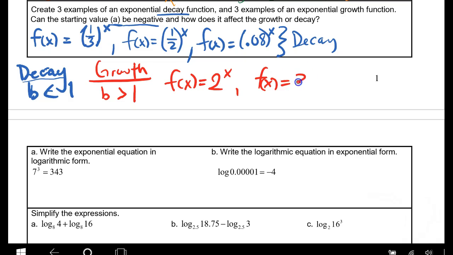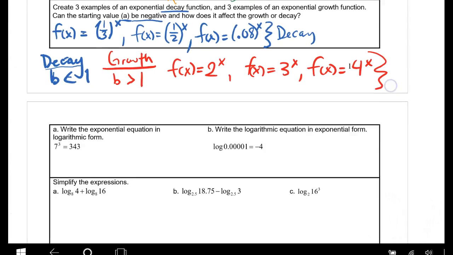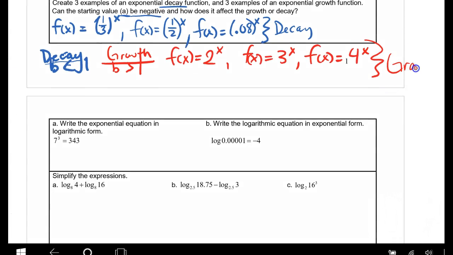Another growth would be 3 to the x. And because we like order and we like things to be the same, let's just go 2, 3, 4, 4 to the x. Those are all different growth examples, just because the number or our b value is greater than 1.